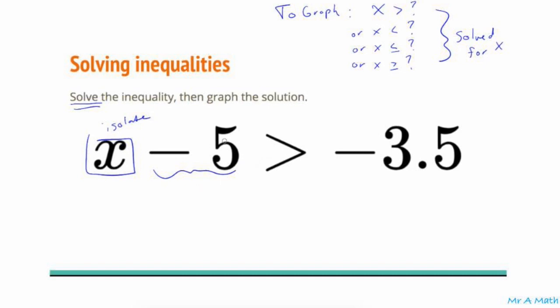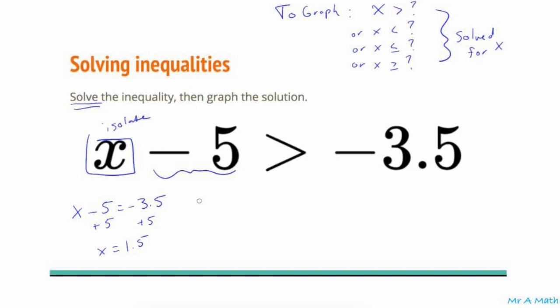How would we normally solve this if this said x minus 5 equals negative 3.5? If you think about it for a second, the answer would be clear. We need to add 5 to both sides to get x is equal to 1.5. Well, this is no different. I'm going to treat my inequality symbol right now no different than I would treat a regular equal sign.